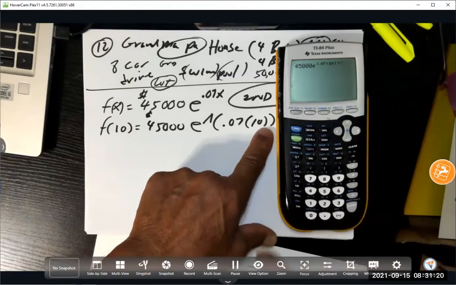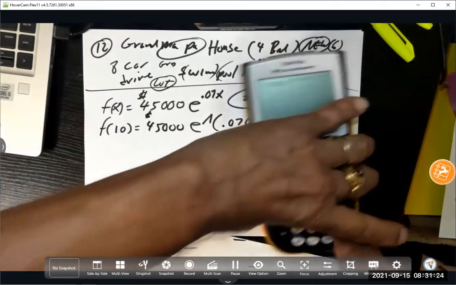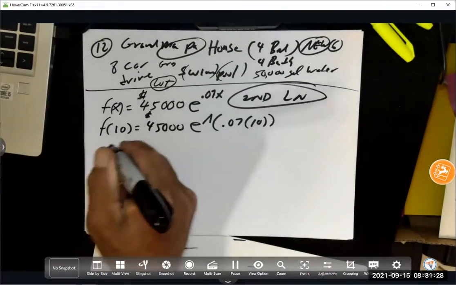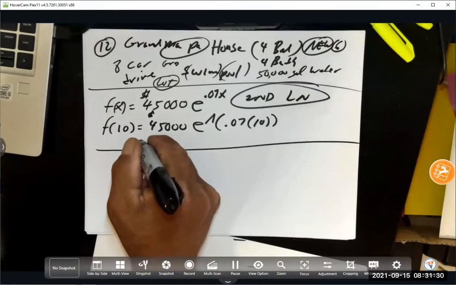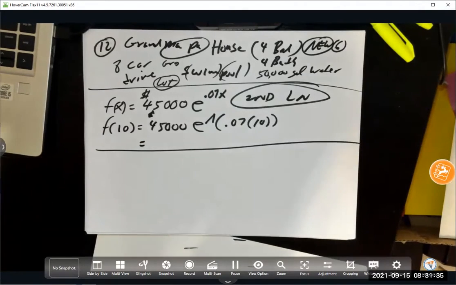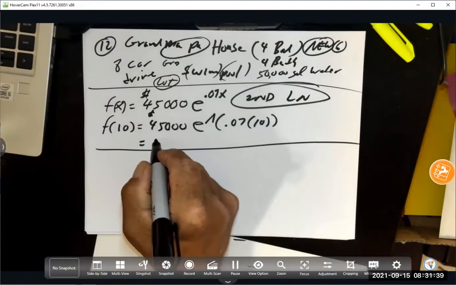Close it 2 times, right? Okay. Then you hit enter. So they bought their house for 45,000, and 10 years later, they call the people, hey, how much is our house worth if we can sell it for? They'll tell them, give me the number. What did you get?